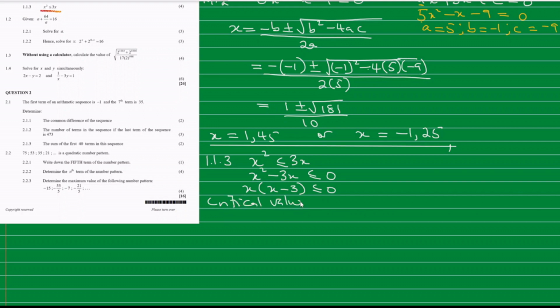Critical values are the x values which, when we substitute into this inequality, will give us a value of 0. So this is more like we are solving the quadratic equation x squared minus 3x is equal to 0.